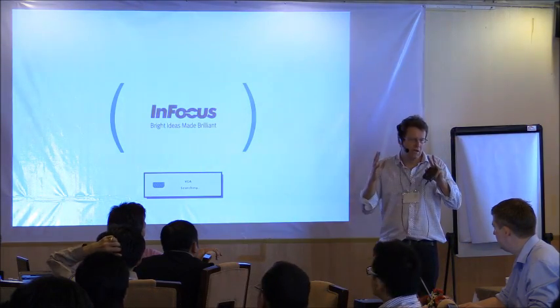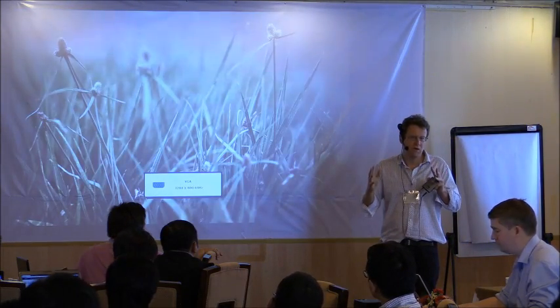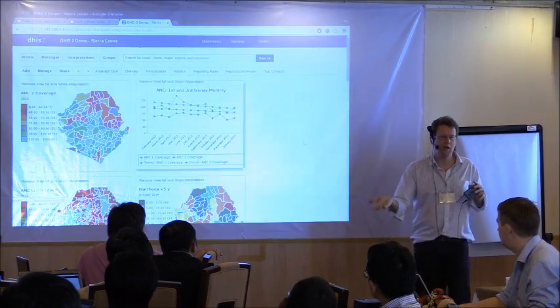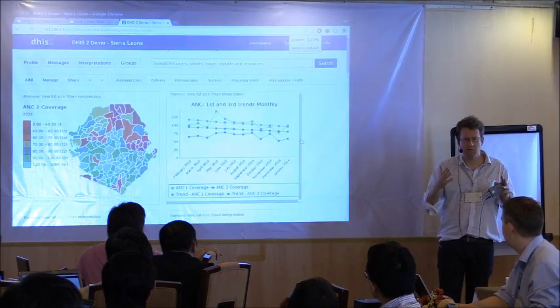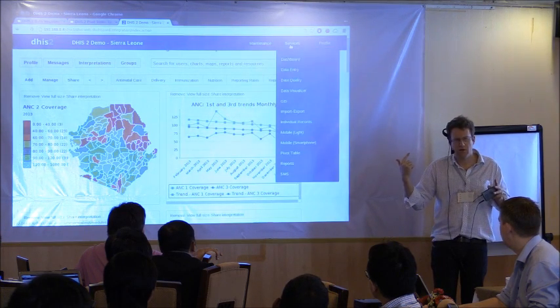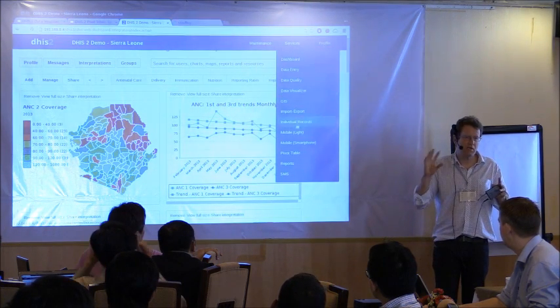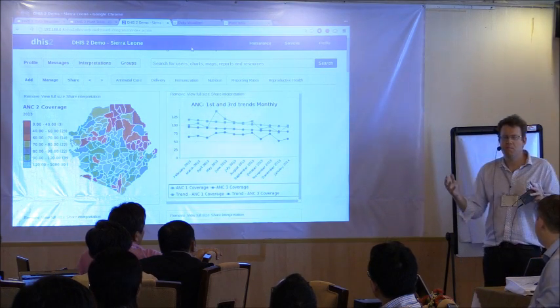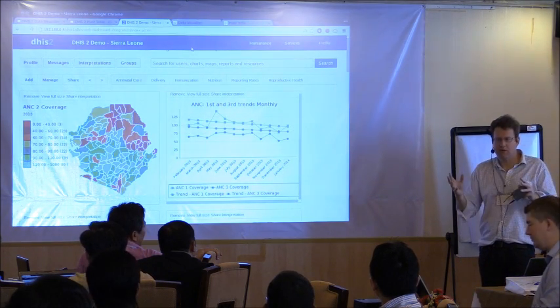So in the documentation, we have a description on how to convert from the projection that you have into the projection that we need for DHIS, which is the same projection that Google uses. There is a free tool that you can download that helps you do that.